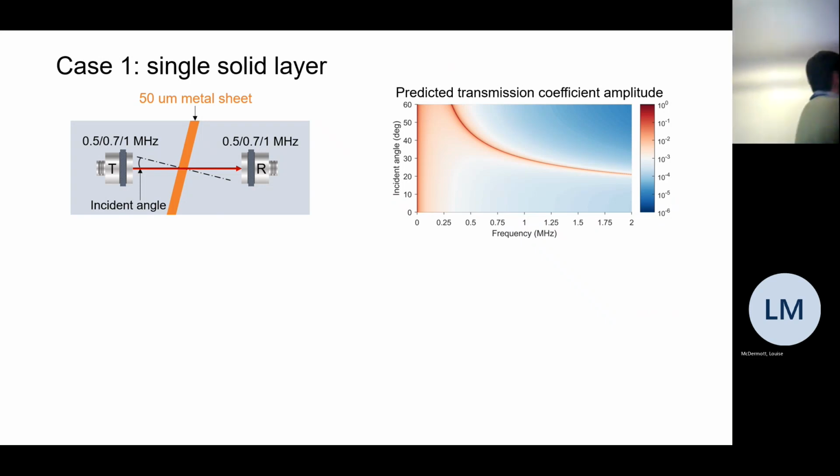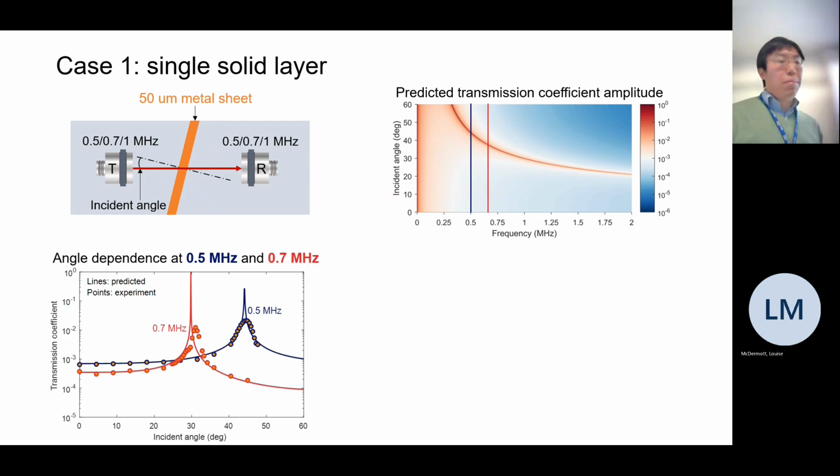As you can see, there is a very strong transmission along a particular curve across different frequencies at different angles. If we do a cut of this at different frequencies, we can see that at particular frequencies and particular incident angles, you have near 100% transmission.